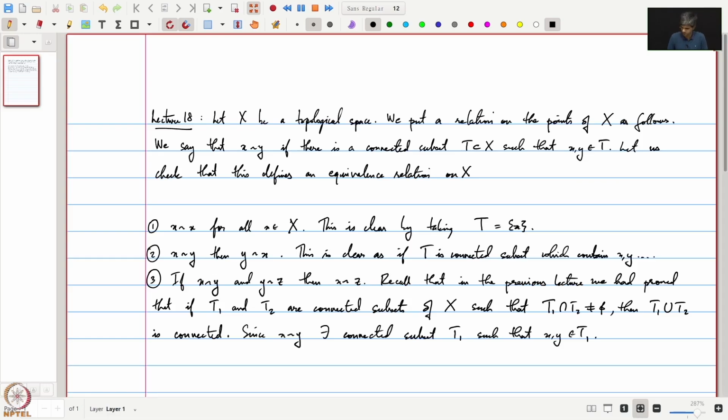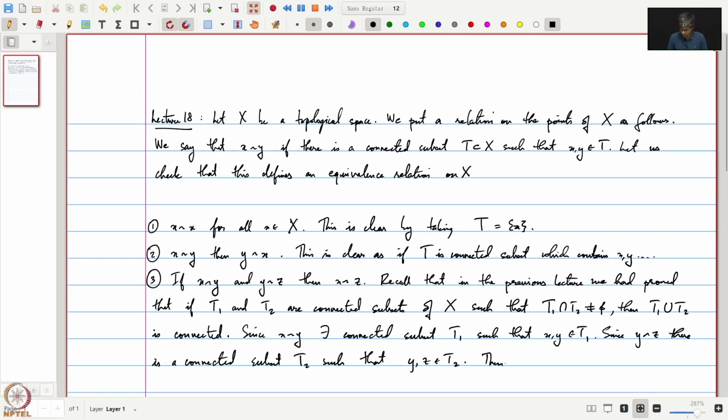Similarly, since y is equivalent to z, there is a connected subset T2 such that y, z belong to T2.